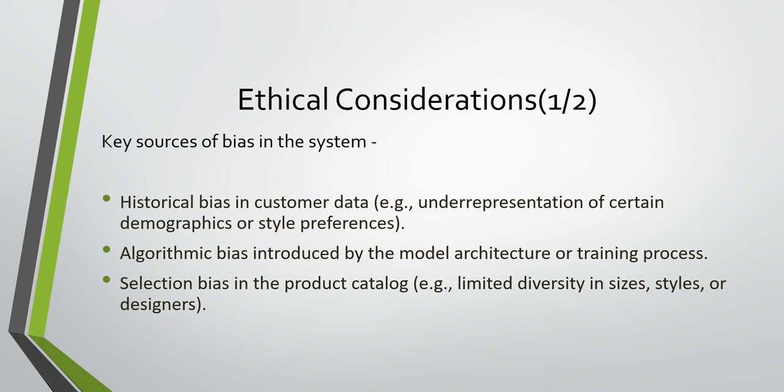And as the model gets trained, this is the initial set of data that is available with all the user-generated feedback. But as we move on, and when the model is getting retrained, algorithmic bias gets introduced, and it is not correctly recommending for users of sizes XS or plus size. Hence these are different kinds of bias, of underrepresentation and availability of catalog and model training.